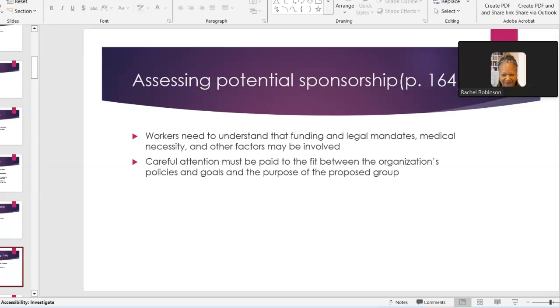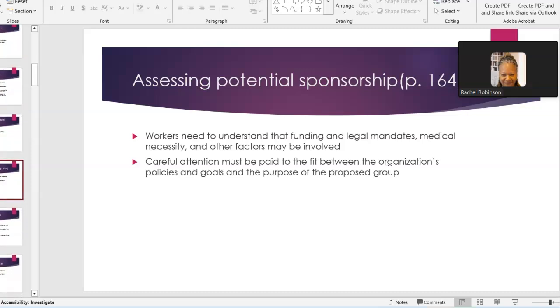So if that's the case, you need to make sure that she understands that there are different policies and procedures and practices that need to be put into place on the part of the agency. But again, you're wanting to look at what's the organization or the agency's policies and goals, and how does that fit into the purpose of the group.